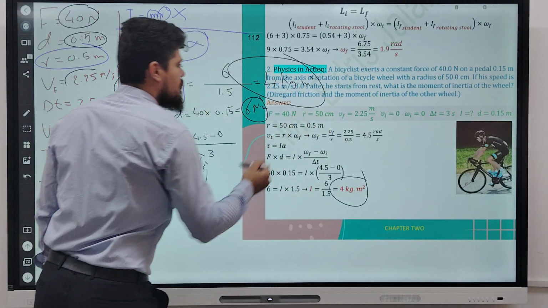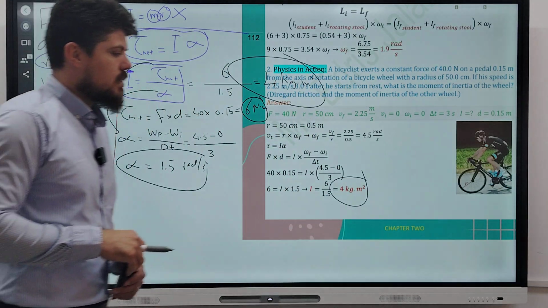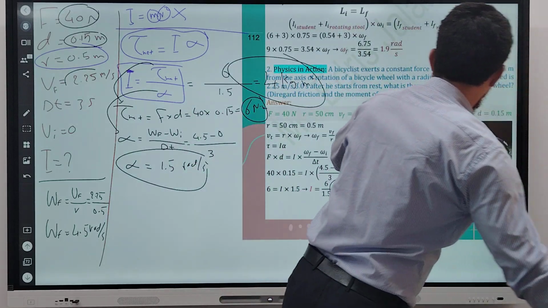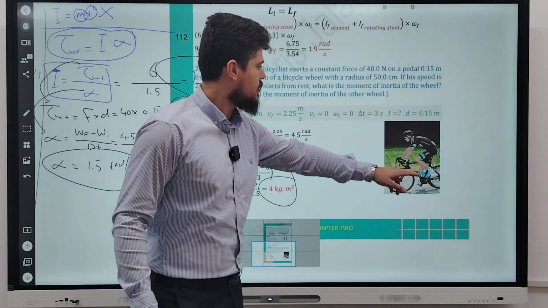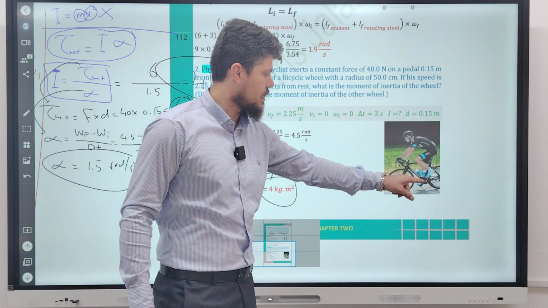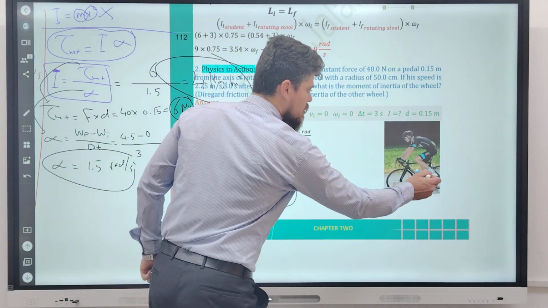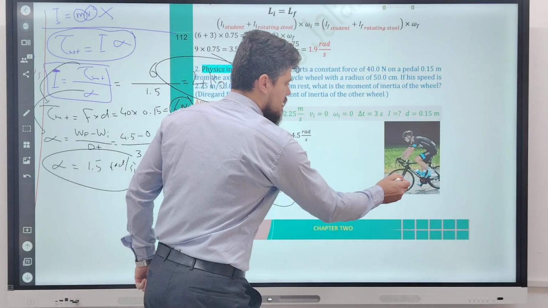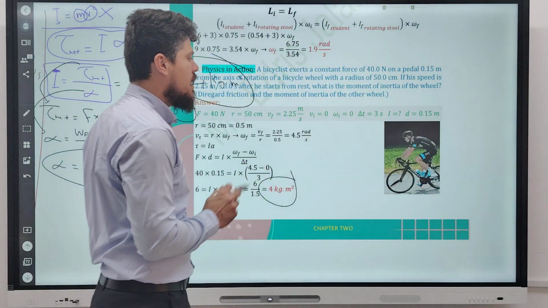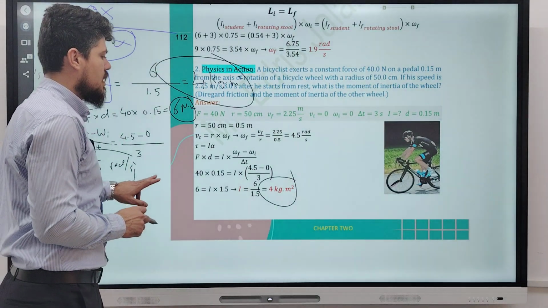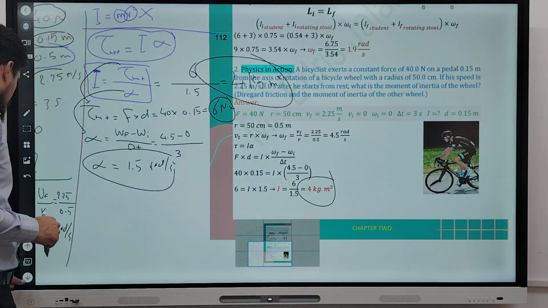Look, 4 kilogram meter square. It's a very good question and a very easy question. Be careful. This is the force exerted on the pedal. It is the axis of rotation. This is 0.15 meter, and this is the radius of the bicycle tire, and the moment of inertia is equal to 4 kilogram meter square.